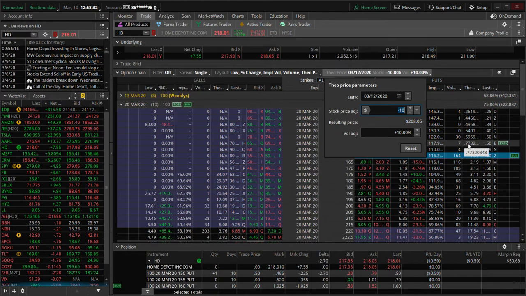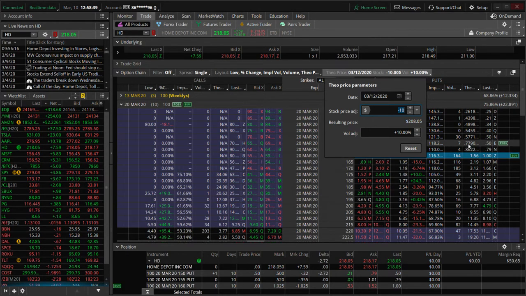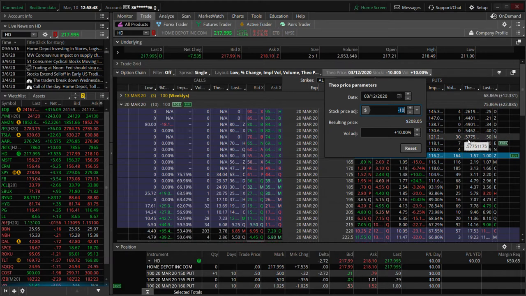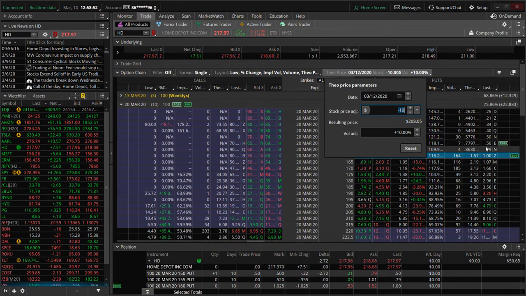So if I paid $50 for it and I lose $28 each day, then it's going to be worthless in 2 days unless we get a move. So be very careful with options from the perspective of how much money you put in. Whatever you put in, you've got to be willing to risk all of that, because you're either going to get paid out multiple times or you're going to lose the full amount.